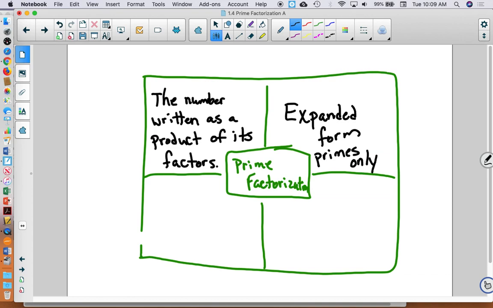That's the only thing that can be there. Well, what is a prime number, first of all? Somebody tell me, and we've done this, it's review, so what is a prime number? What's a prime number, David? One and itself, good.